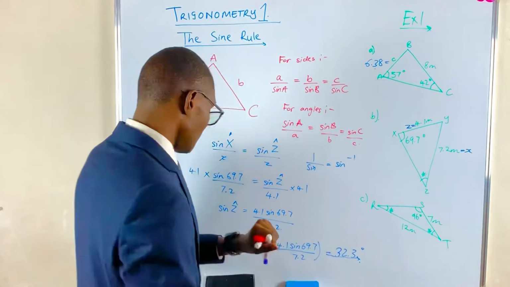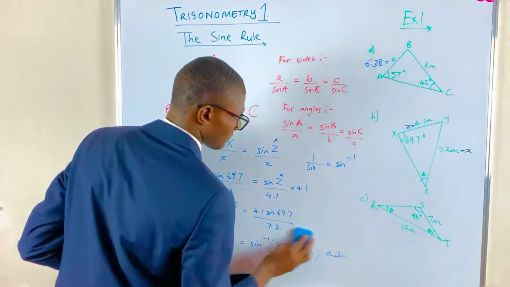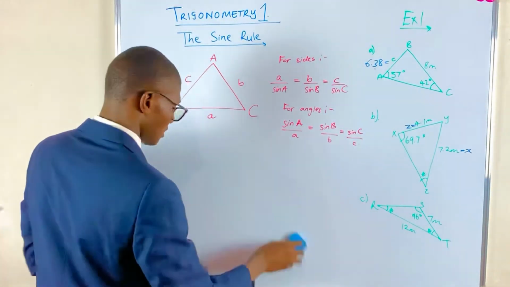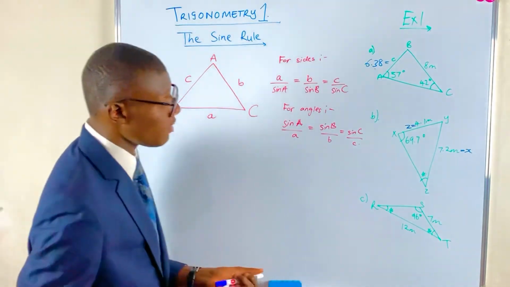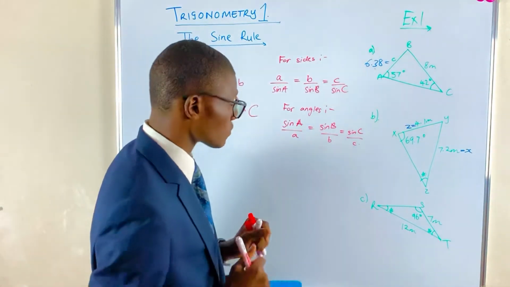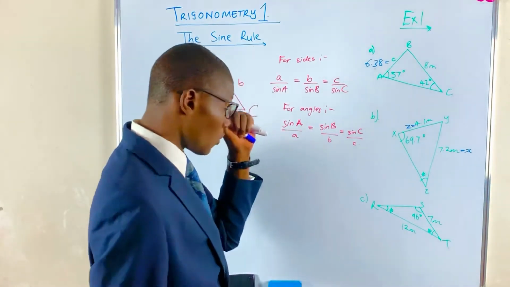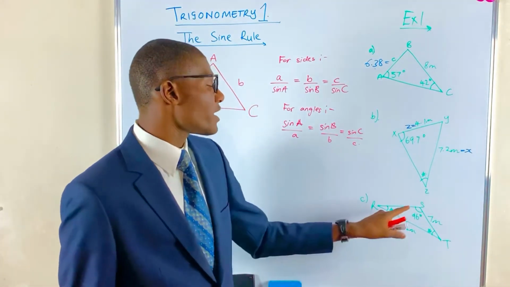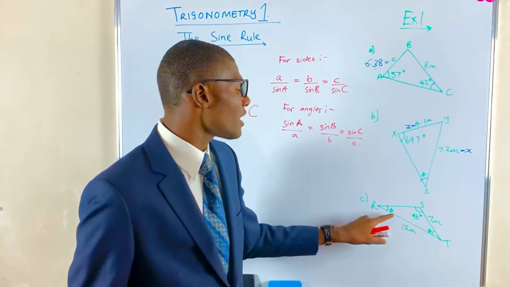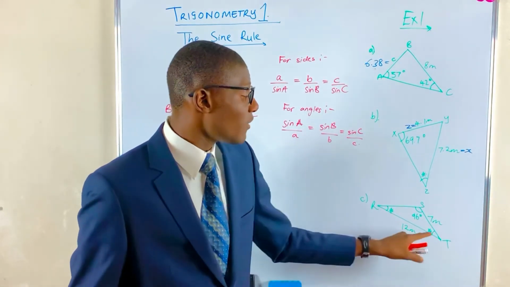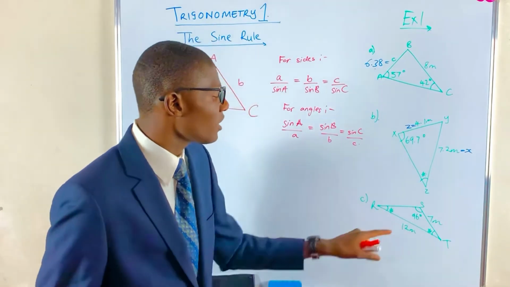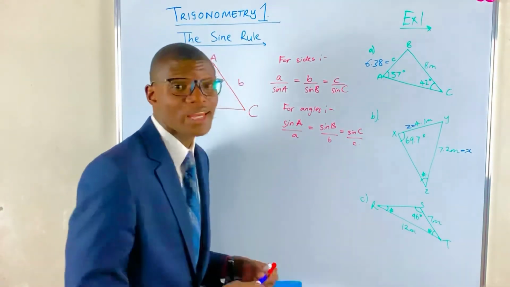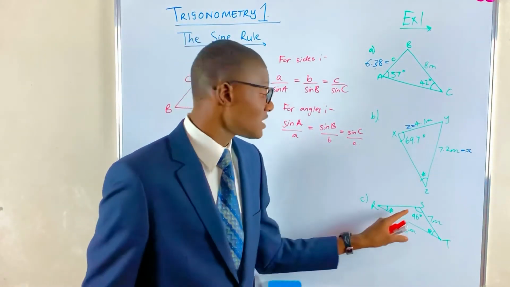Now let's move on to part C. Okay, now we're moving on to part C. With part C, we need to find two unknown angles. Which one are we going to calculate first? We've got angle S and side S, and we've got side R, and we don't have the angle R. We don't have angle T, we don't have side T. So here we can come up with a relationship that will enable us to solve for angle R first, since we know its side.